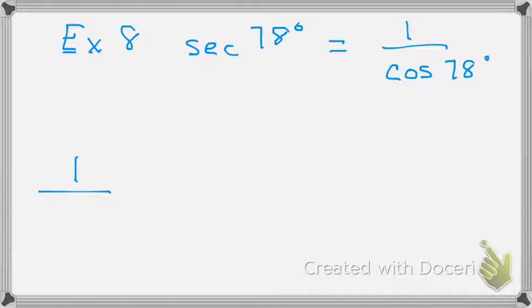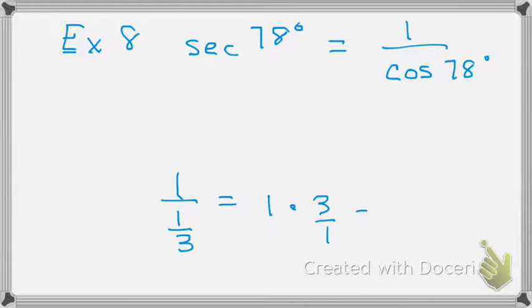If I take 1 divided by a third, what's that equal? It's 1 times 3 over 1, which is 3.